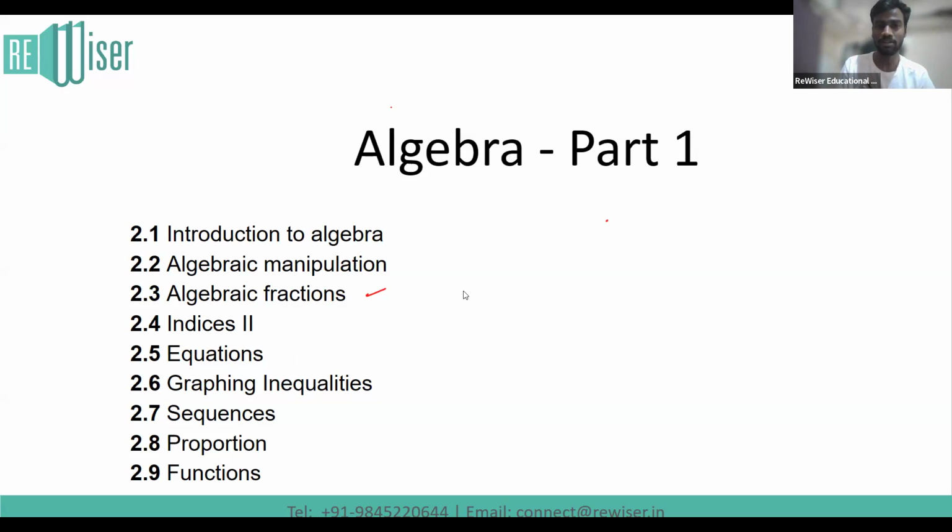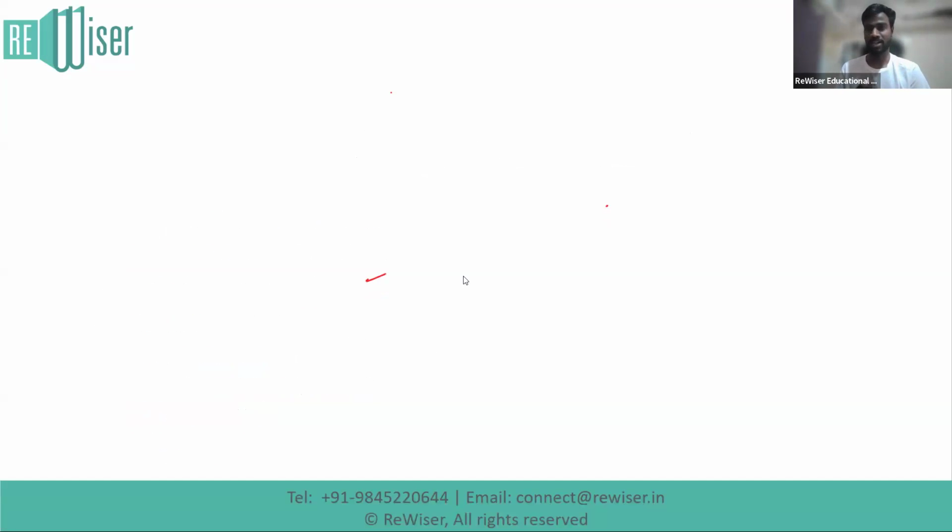First of all, when it comes to algebraic manipulation, the introduction to algebra means you should be aware of algebraic terms. I can have the variable to be x, and I can have the constant to be 2. The variable is not necessarily only x. It can also be x squared, x cubed, a, b, c, anything can be a variable. Then we have the operands, which means plus, minus, multiplication, division, all these things.